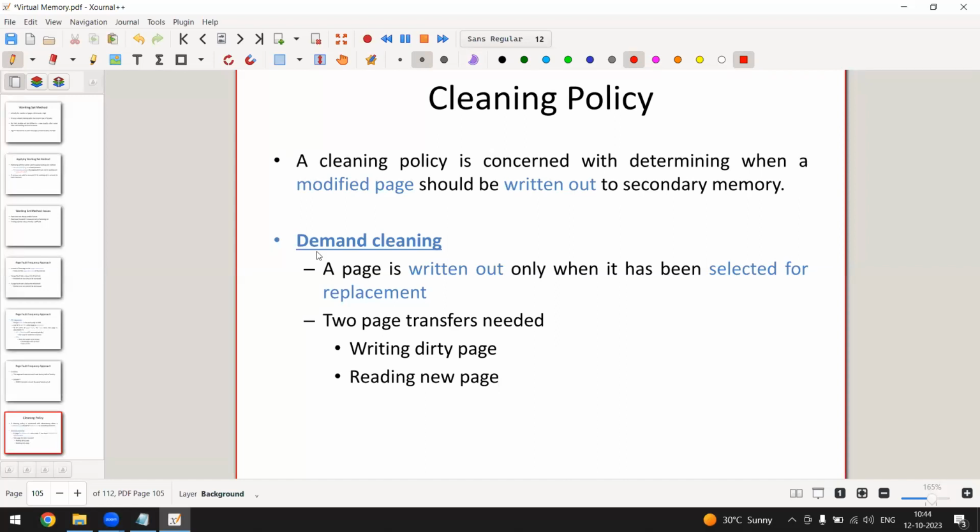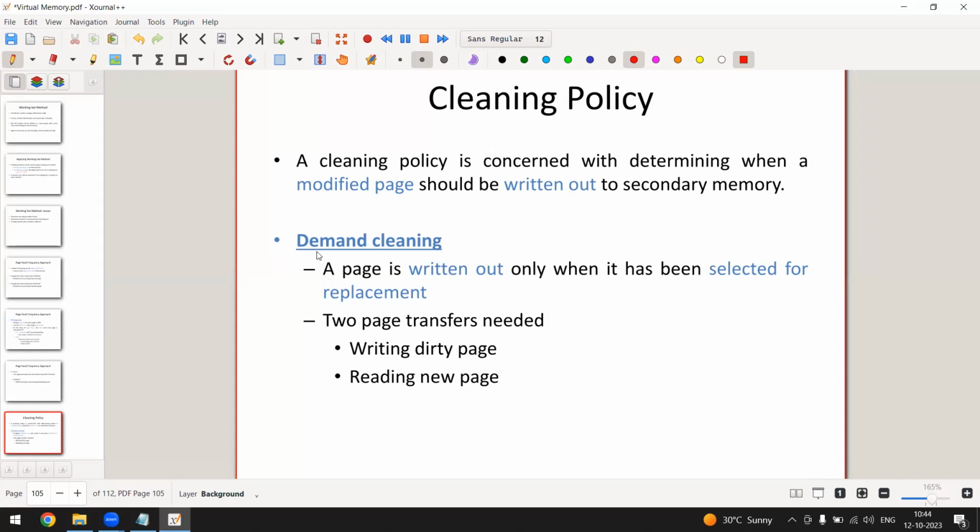One of the options is demand cleaning. The meaning of demand cleaning is that whenever a page is to be swapped out, or selected for replacement, at that time you have to write that page to the disk. So in that case, you require two things.